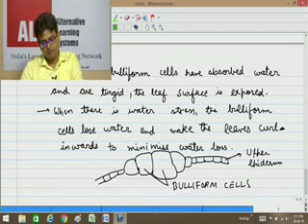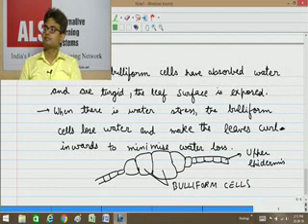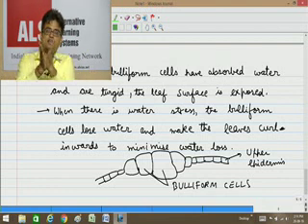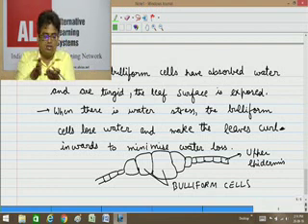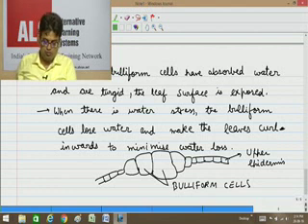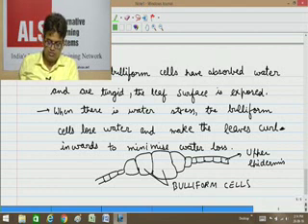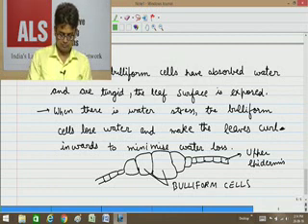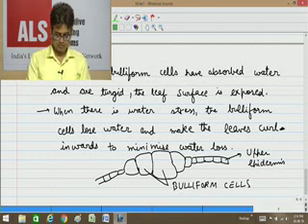Yeah. So when they lose water, they will suddenly shrink in size and they will form a crease along the leaf surface. If they form a crease along the leaf surface, the leaf will quickly fold up. Okay.